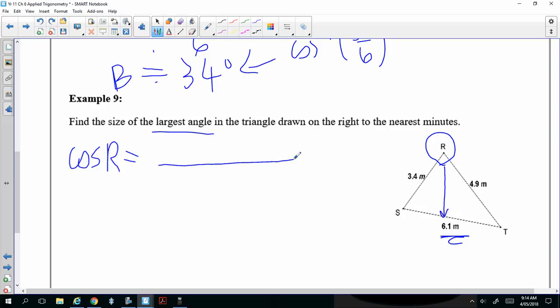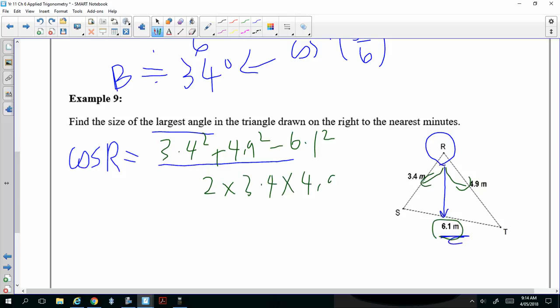The ones next to it, you have to add: 3.4 squared plus 4.9 squared. The one opposite to it is where you have to subtract. And then you just do 2 times 3.4 times 4.9. And then use your calculator.